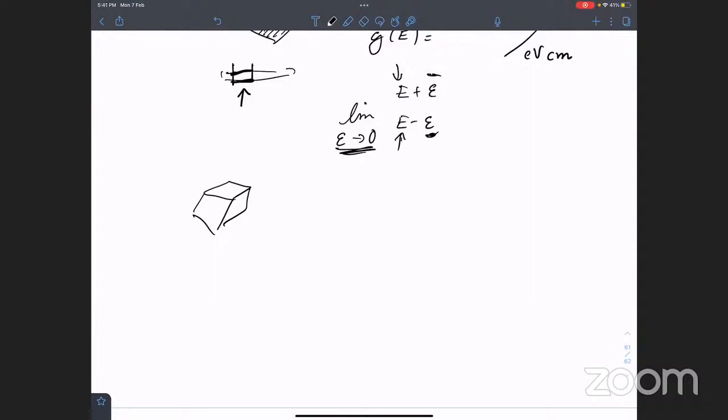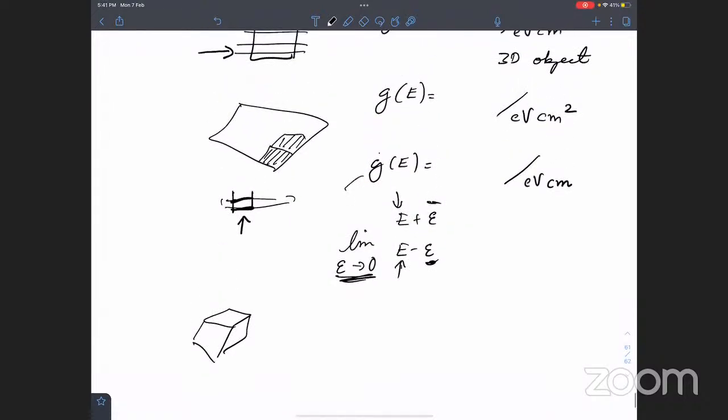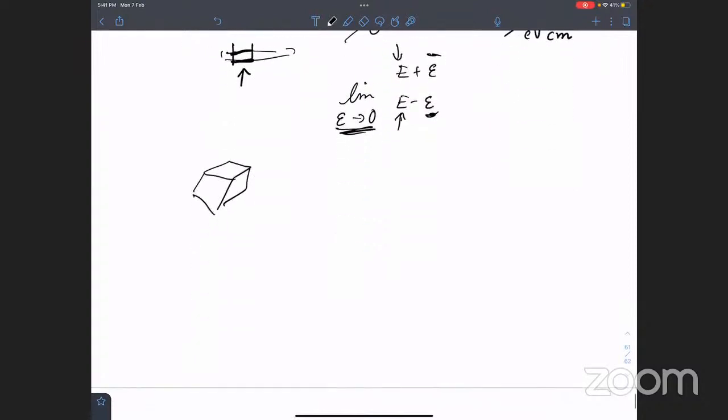So we cannot define this function, density of states, for that. And what will happen there is you'll have a discrete set of energies. So the density of states is going to be a delta function for a 0D system. Is that clear? Yes, sir. Okay, thank you.